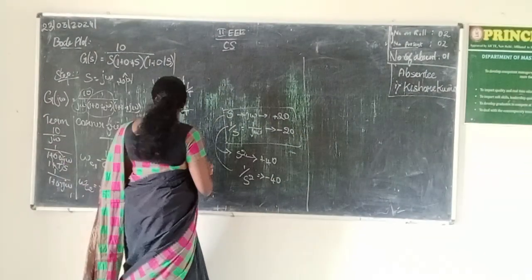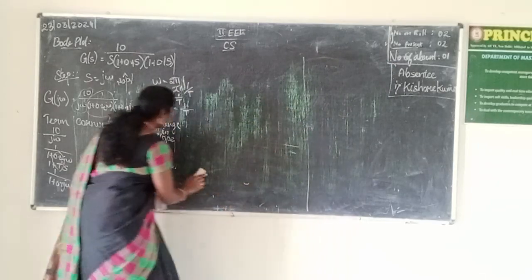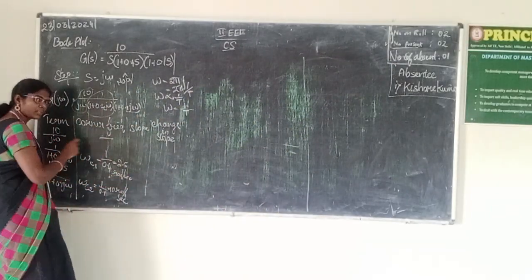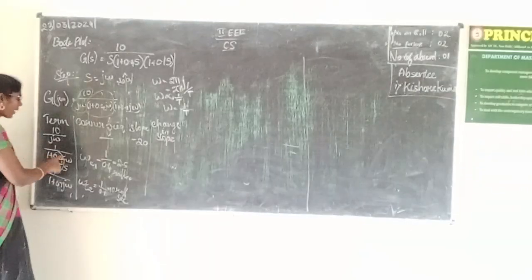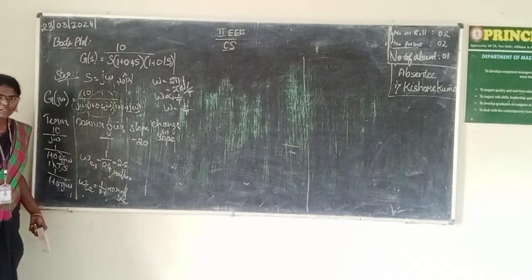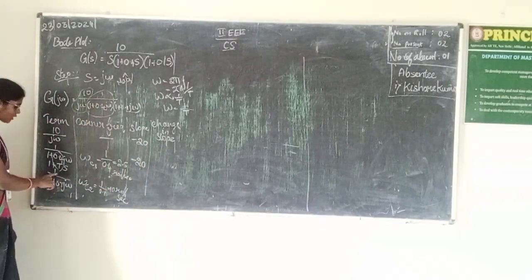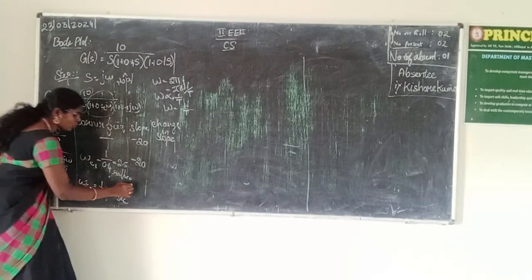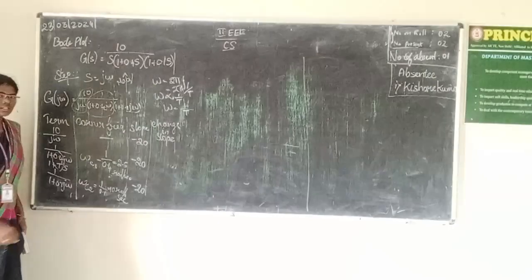So for the first case, it is 10 by j omega. What is the slope here? Minus 20, as j omega is in the denominator. Here, 1 by j omega, it will also be minus 20. And here also j omega is in the denominator, so it will be minus 20. How will we do the change in slope?